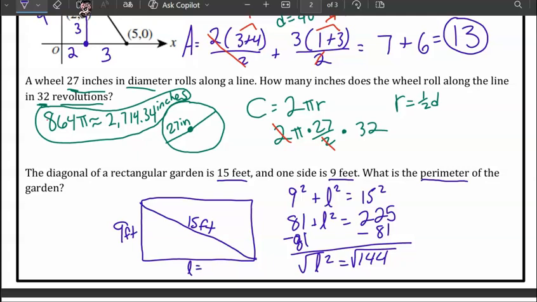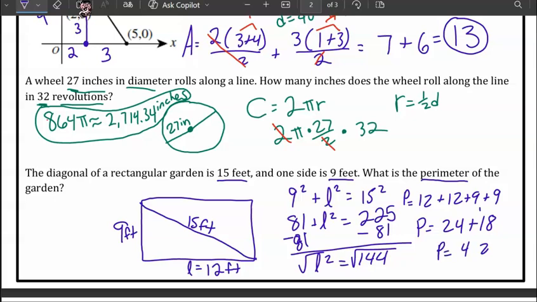And then the length is going to equal 12 feet. To find the perimeter, you add the distance around. 12 plus 12 plus 9 plus 9 equals 42 feet.